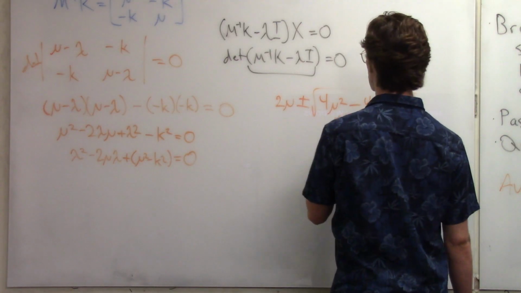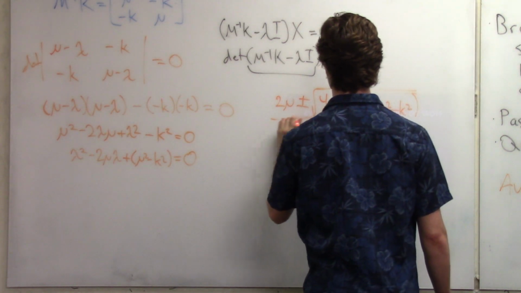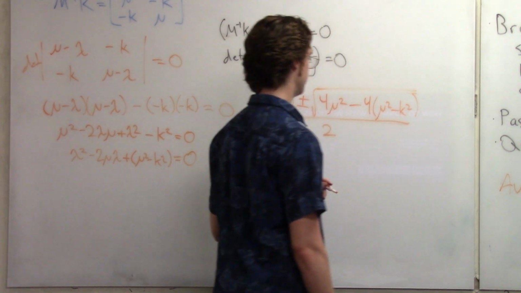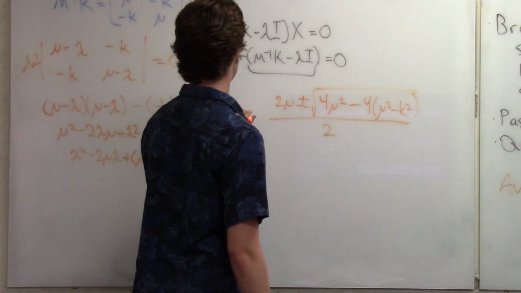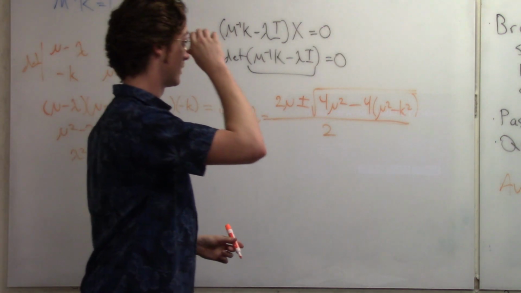Take the square root of this, all over 2a, which is 2. These are our eigenvalues. So now we're going to go ahead and simplify this.